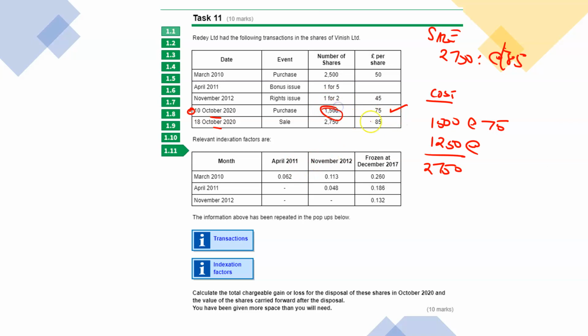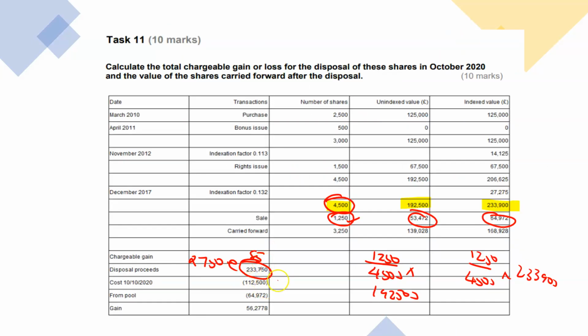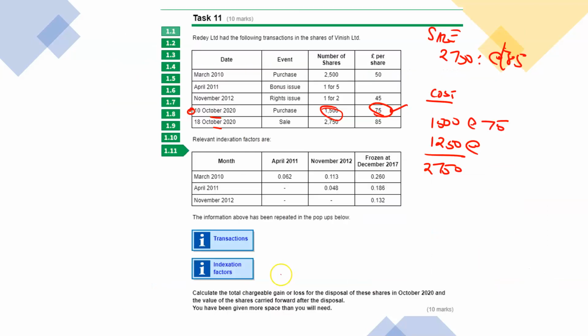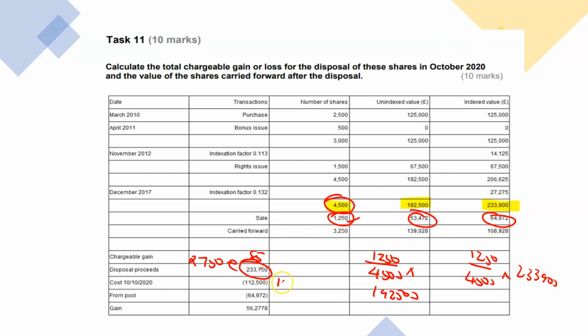These 1,500 shares at 75 pounds each, and that's what you're seeing over here. That's what's happening here. And then that's the pool, the other 1,250 shares, and there's the full cost of 64,792.